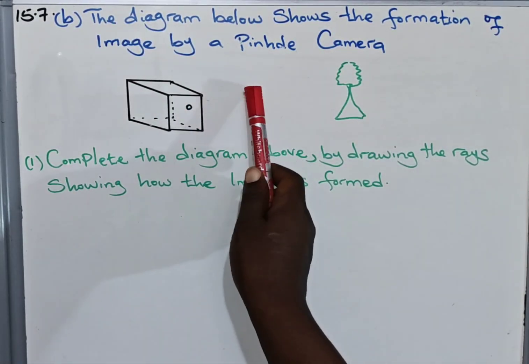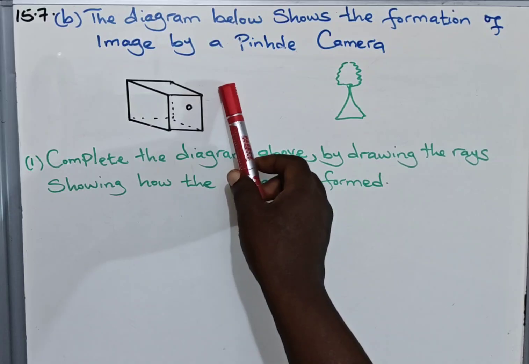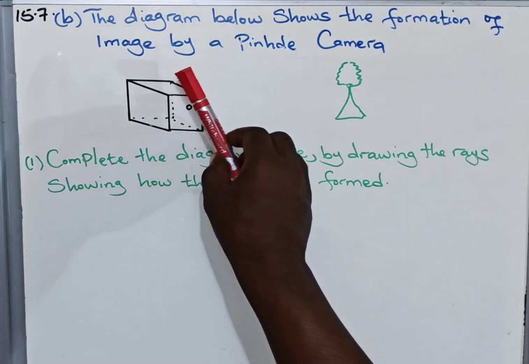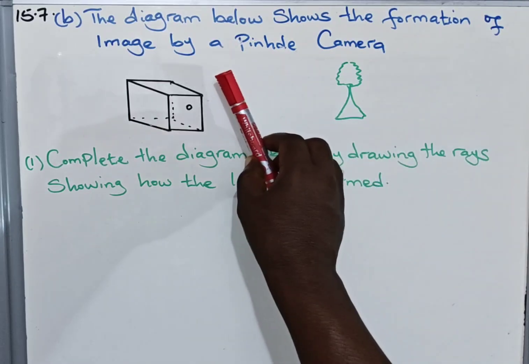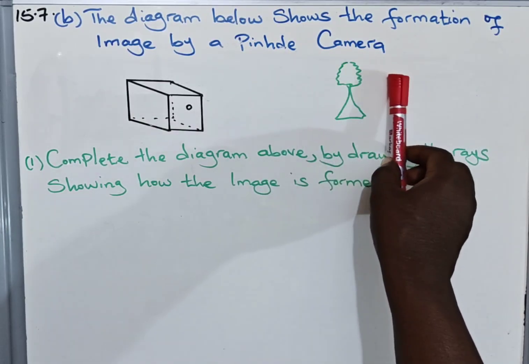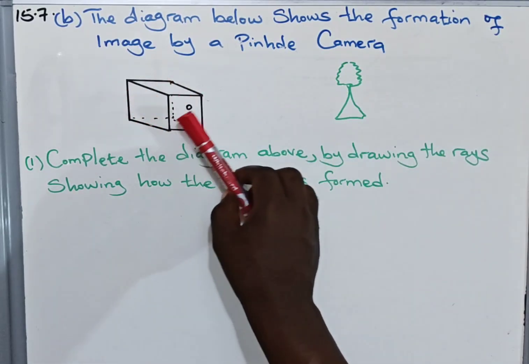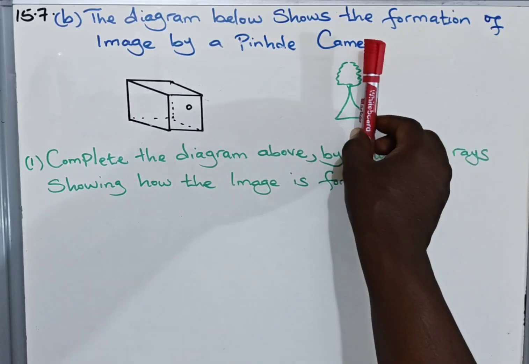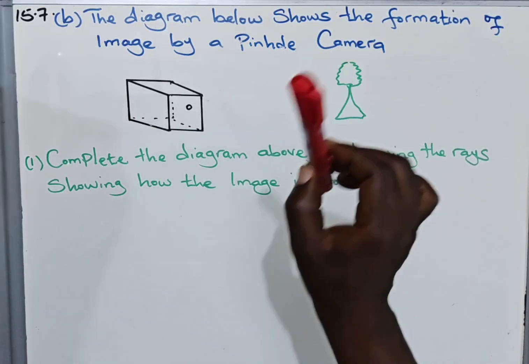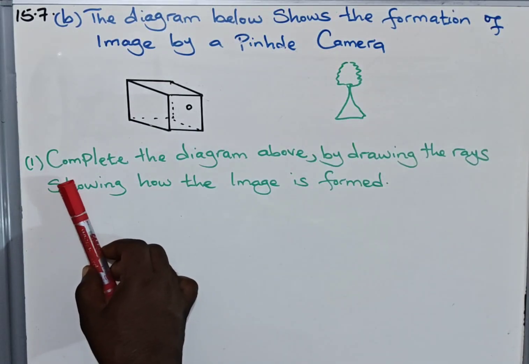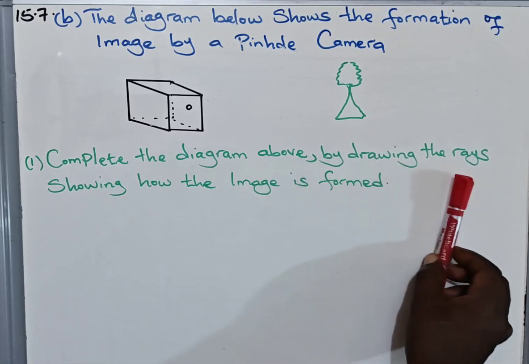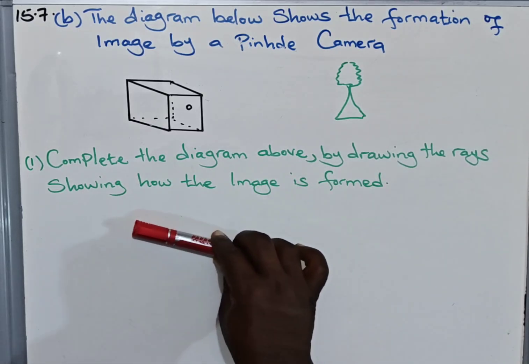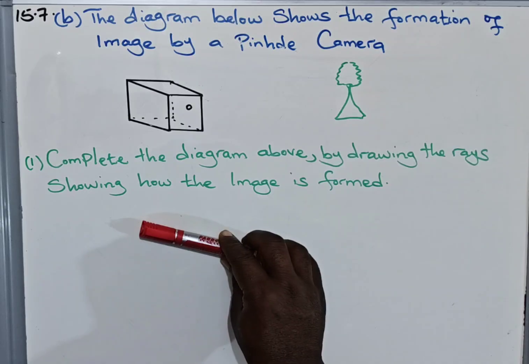Okay, then we come to this question. It says that the diagram below shows the formation of an image by a pinhole camera. So this is the pinhole camera, this is the object. And then we say, complete the diagram above by drawing the rays showing how the image is formed.